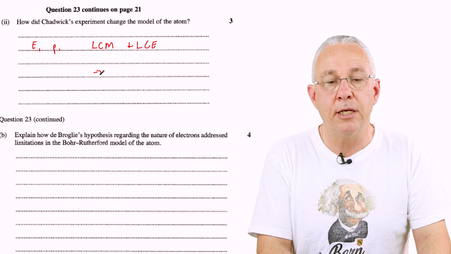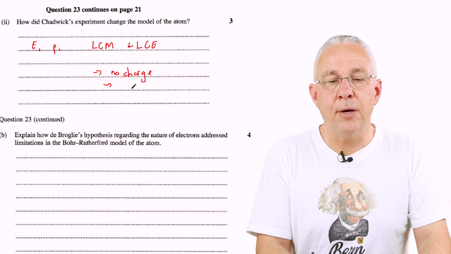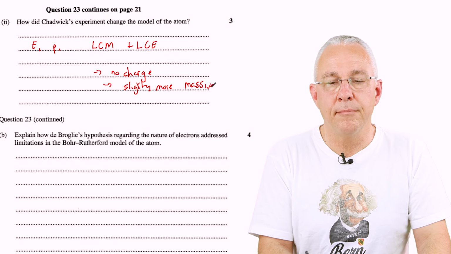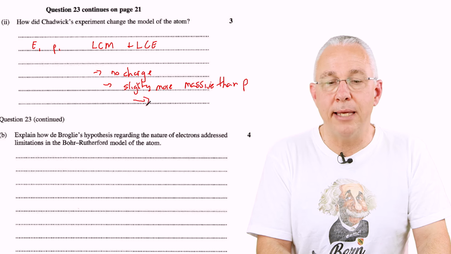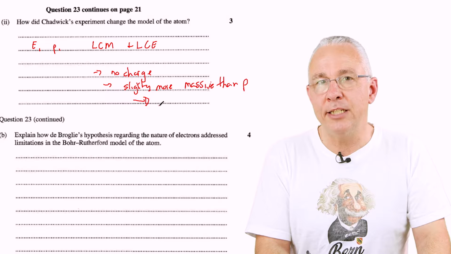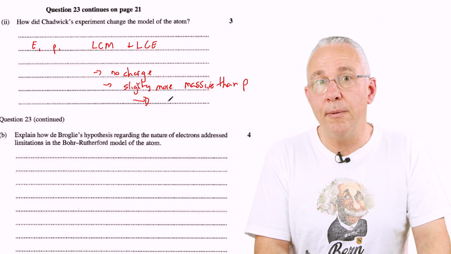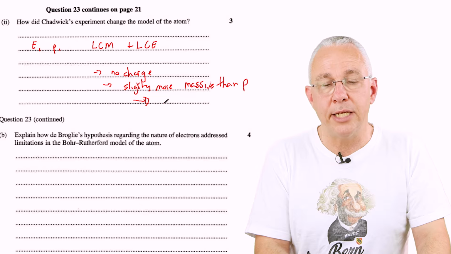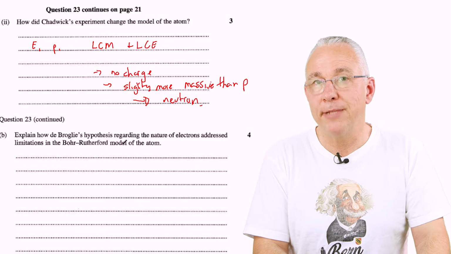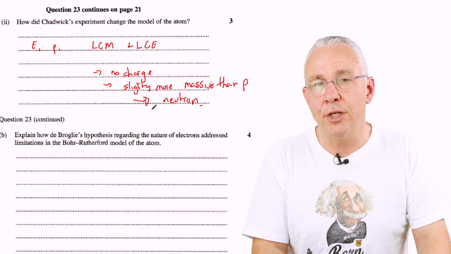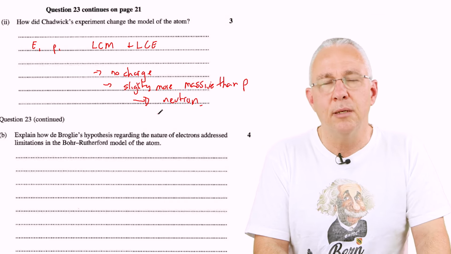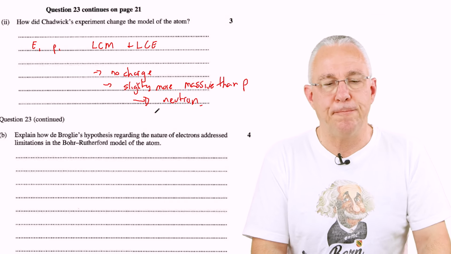And what he discovered was that, first of all, they had no charge. And secondly, they were slightly more massive than our protons. And of course, that meant he was able to identify, in this case, the unknown mass at that stage to be the neutron. There you go. And so therefore, the nucleus did not just consist of protons, but of neutrons as well.